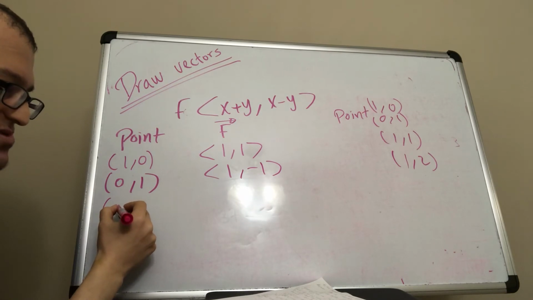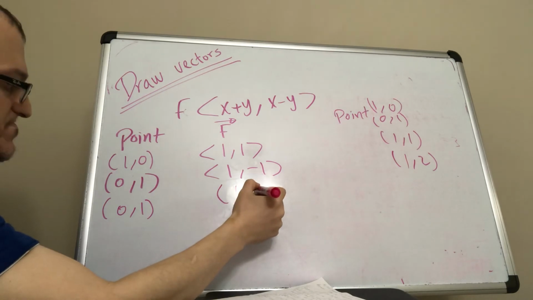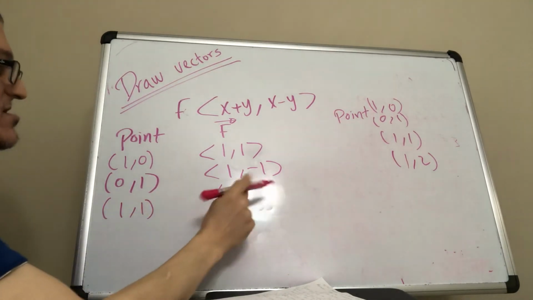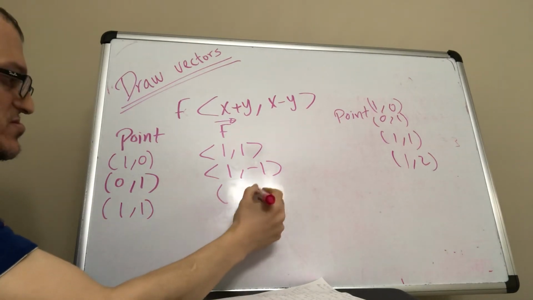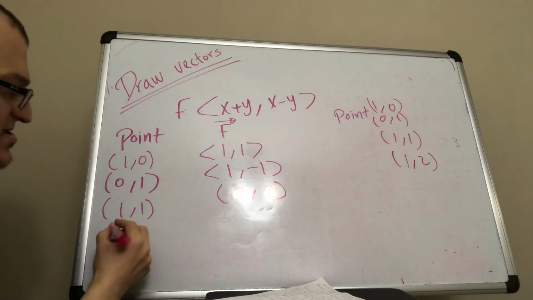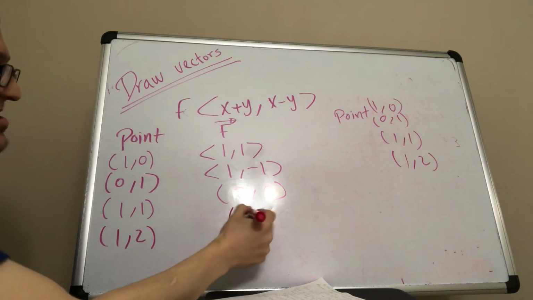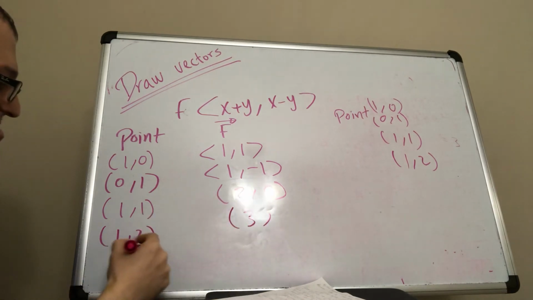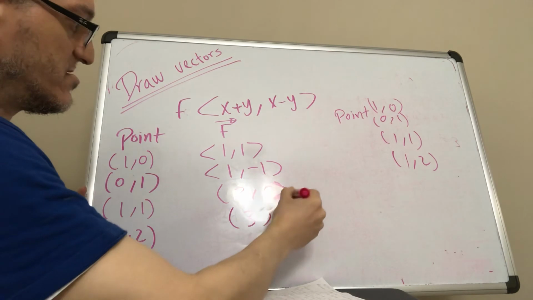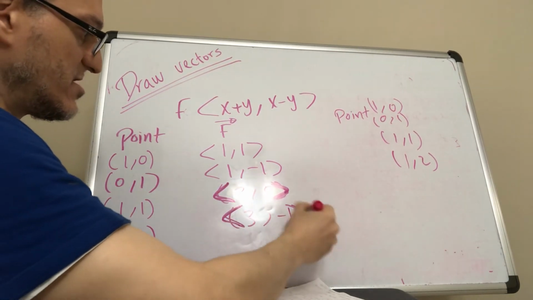Then we have the point 1, 1. We add them, it gives you 2. You subtract them, it gives you 0. And we'll add the extra one here, which is 1, 2. You add them, 3, and 1 minus 2 will be minus 1. These are vectors, so we better indicate them like this.